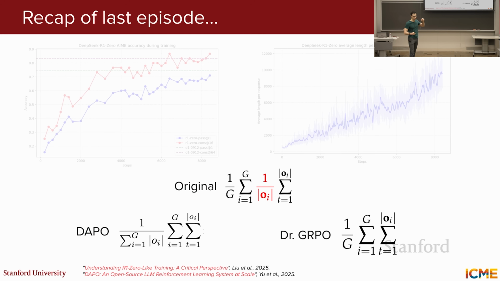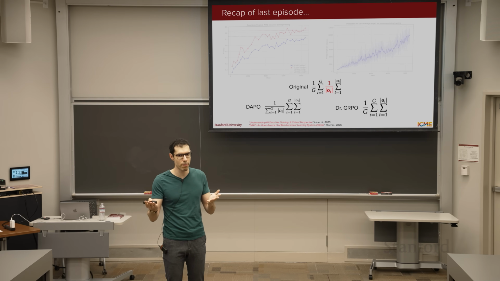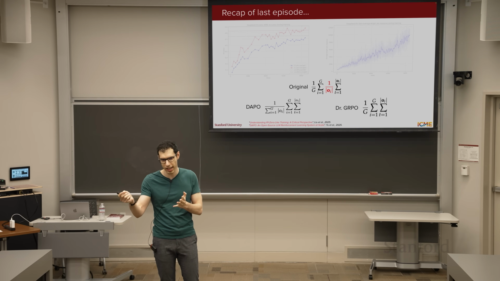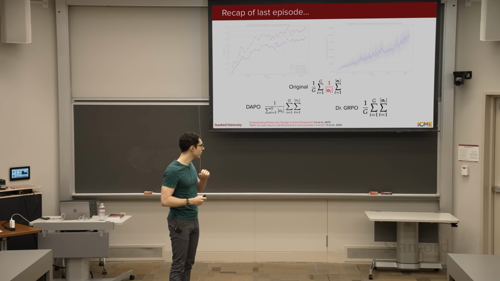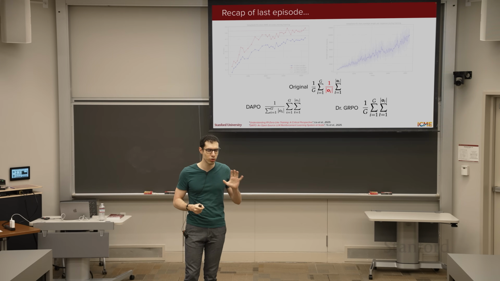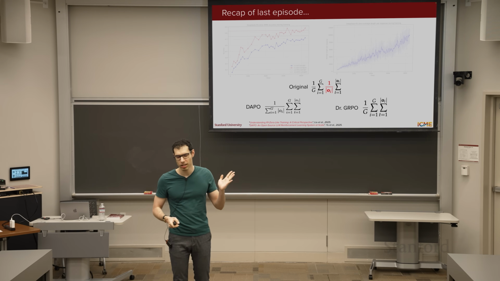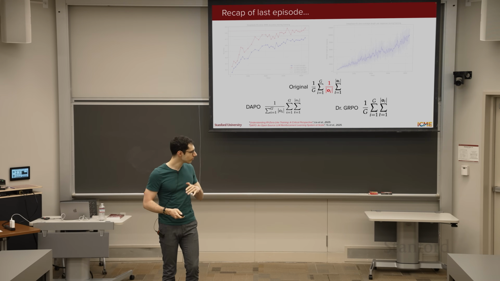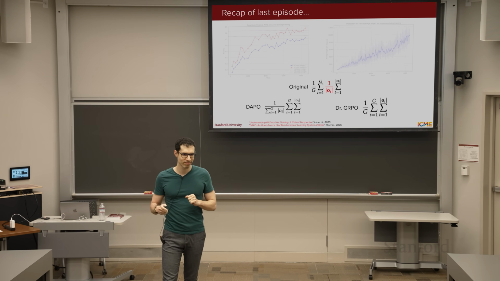One was DAPO, which had a normalization factor that was not dependent on which sentence the token was located in. And the other one was a paper called GRPO done right, which actually just removed the normalization term. All good on that? Cool.